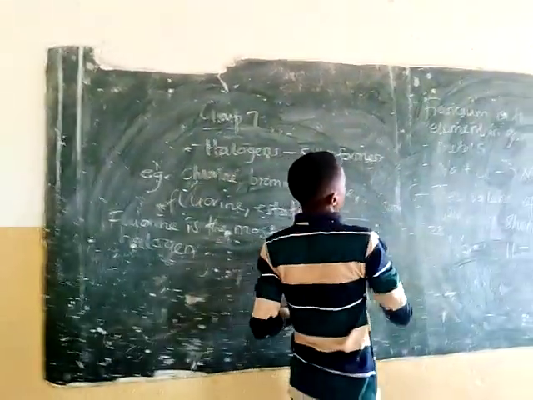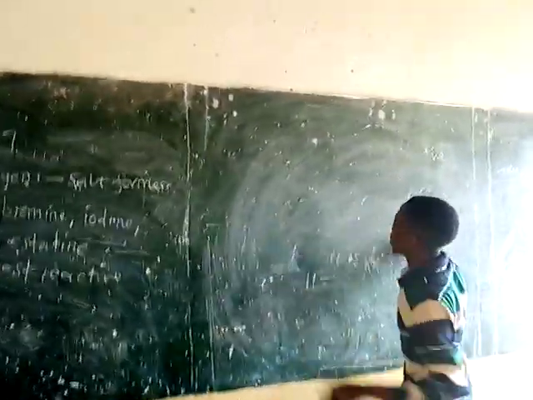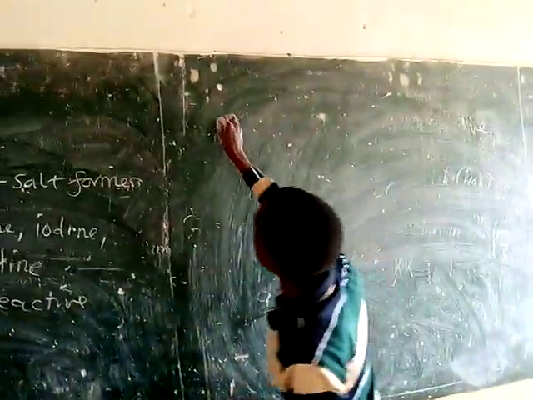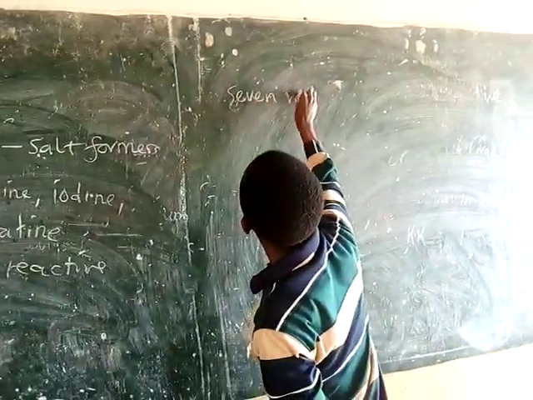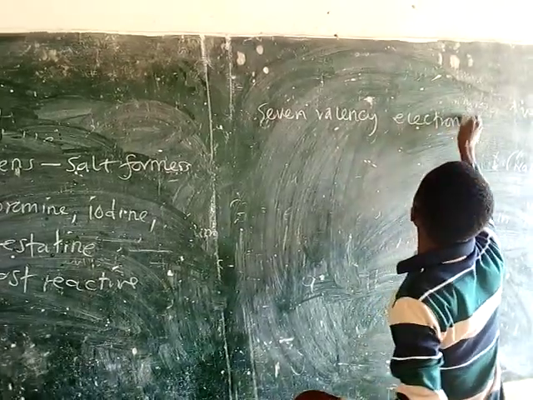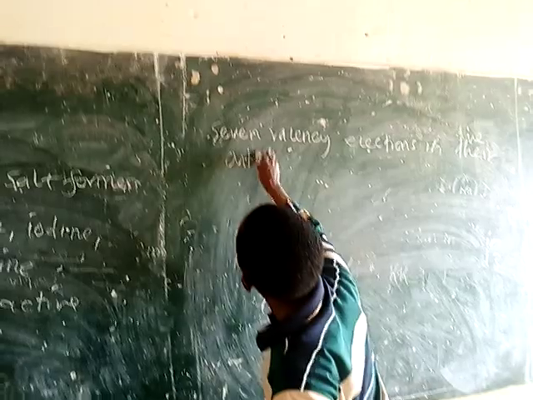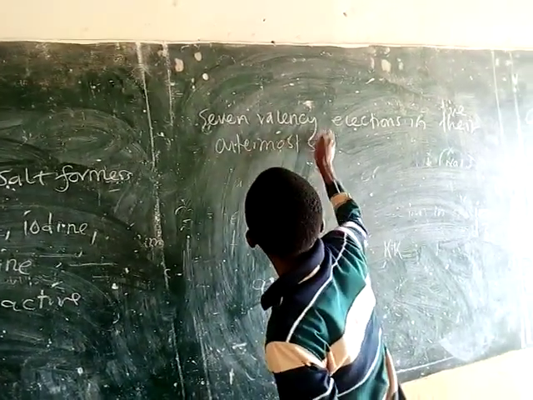Then elements in group 7 have 7 valence electrons in their outermost shell.